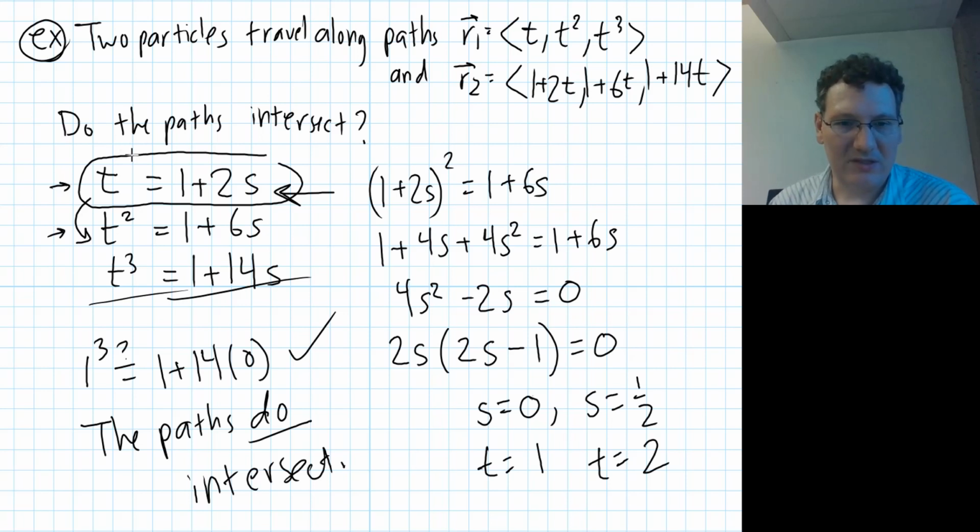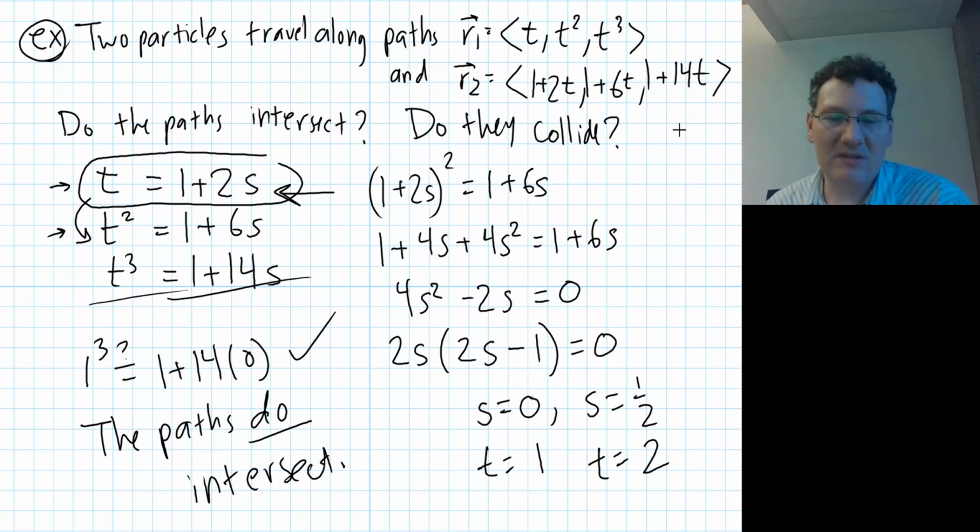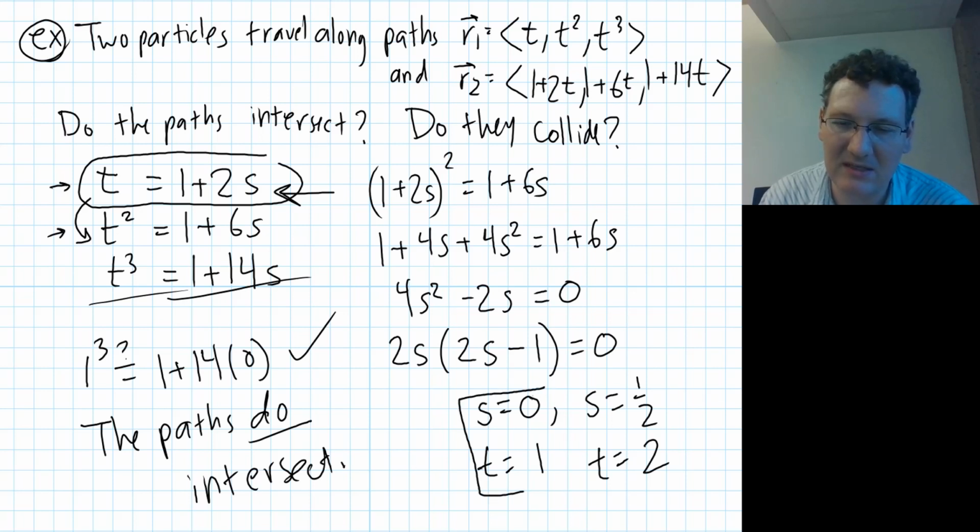Now, the second question is, do they collide? And that one's a little easier to answer. We can ask, is there any time when t equals s that's going to satisfy these two equations? And we've actually answered that right here. The only way to satisfy the first two equations simultaneously is for s to be 0 and t to be 1, or s to be 1/2 and t equals 2.